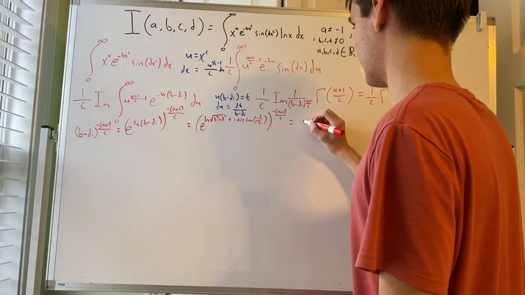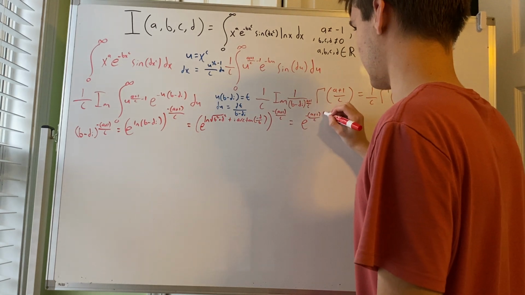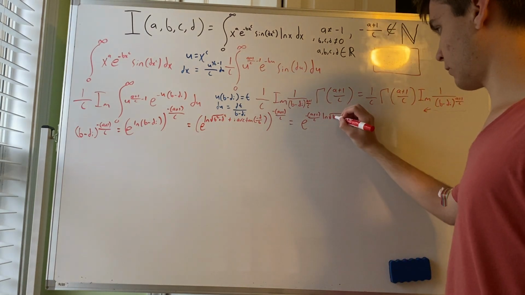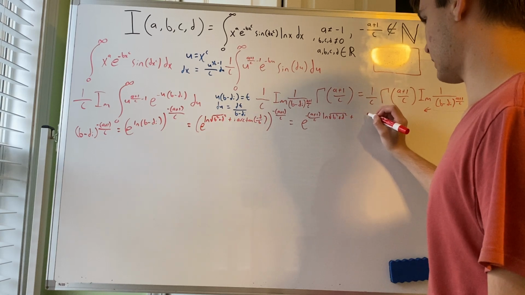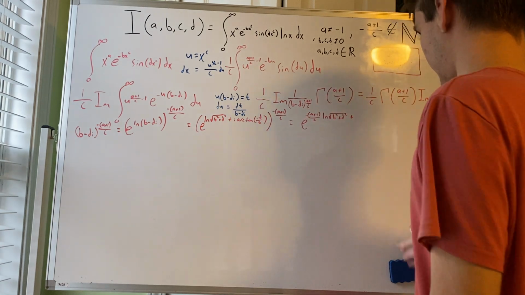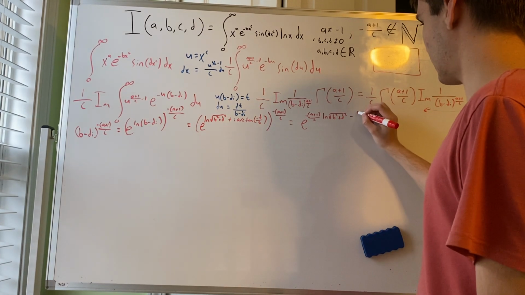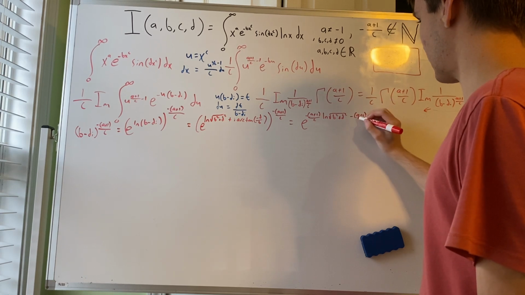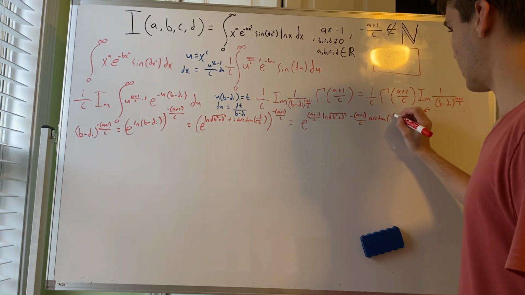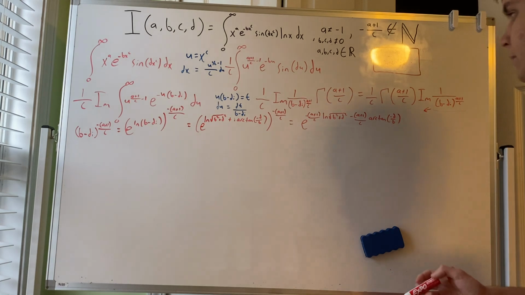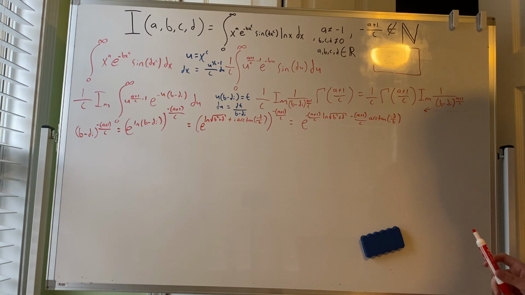So this will give us e to the negative a plus 1 over c times ln of this, plus, oh wait, no, minus a plus 1 over c times the arctangent of negative d over b. Now, I'm going to save us some time here. Very little, but whatever.